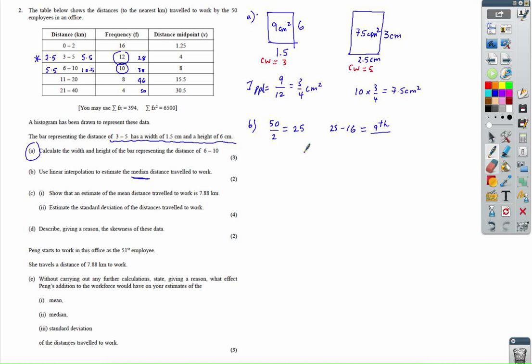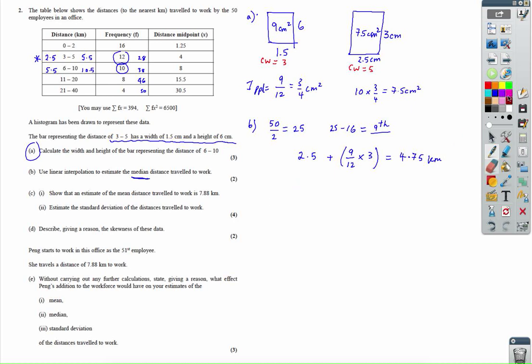Okay, so my lower class boundary is 2.5, plus I want the 9th person out of the 12 in that group, times by the class width. And remember, the class width, we talked about it here, was 3. Number crunch that, put it in your calculator, 4.75. Distance travelled to work, so it would be kilometres.